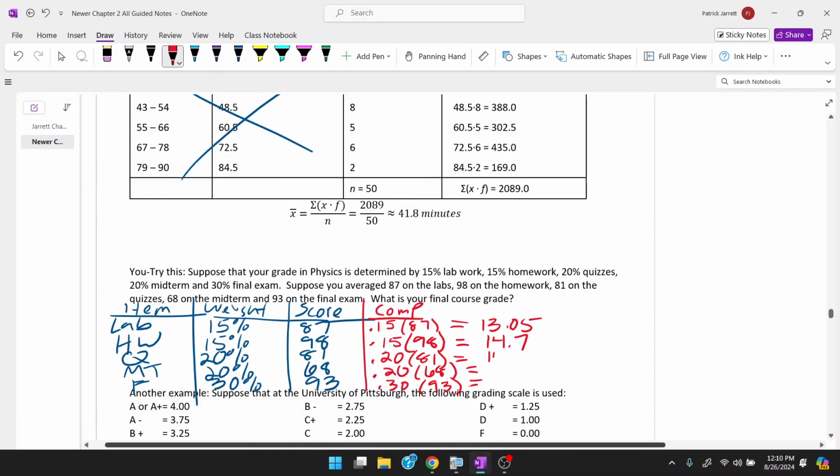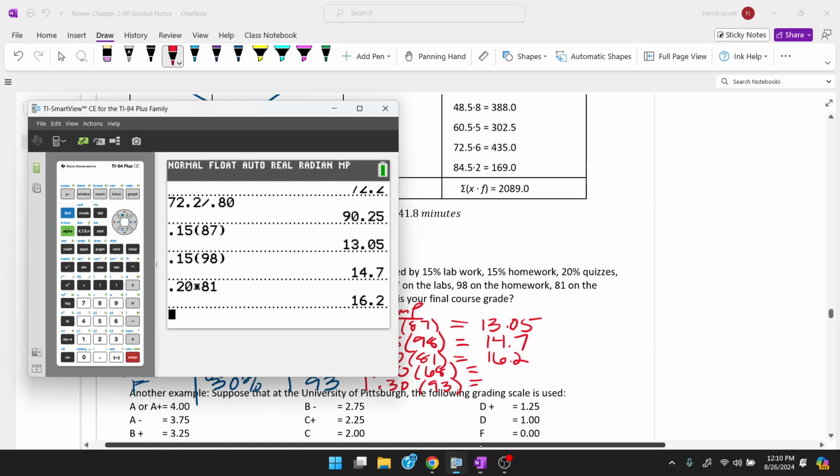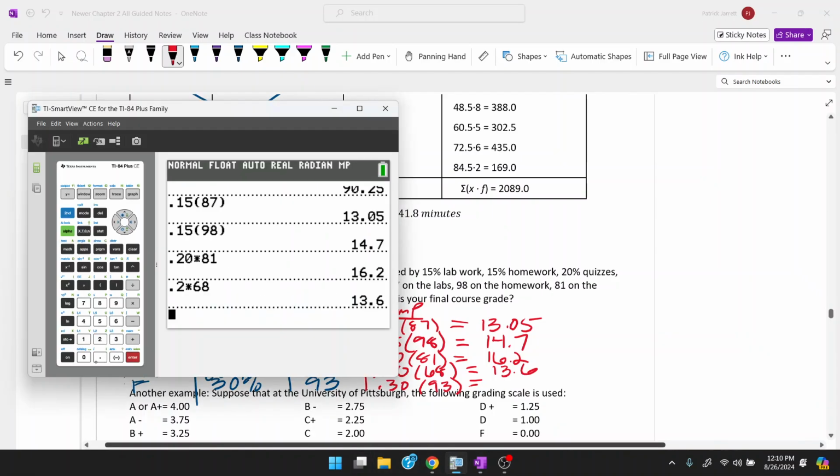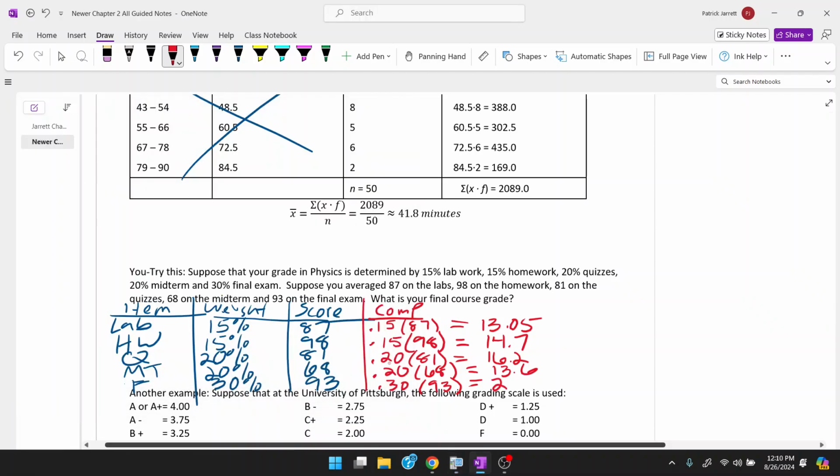That'll be a 16.2. 20% of 68, 13.6, and then 30% of 93, 27.9, and then you add them all up together.